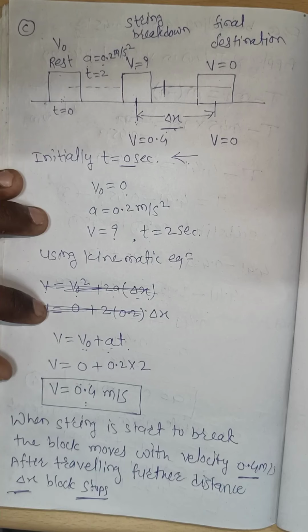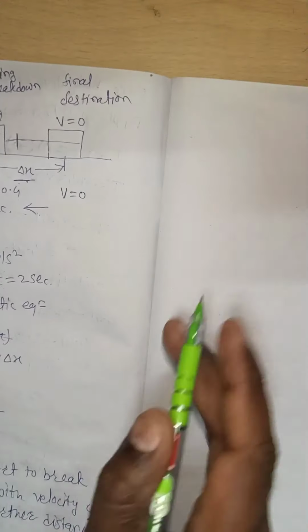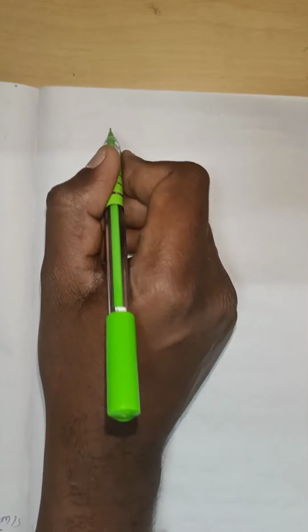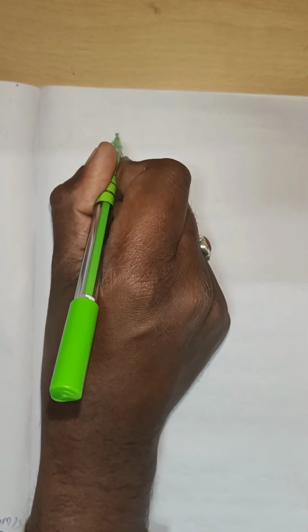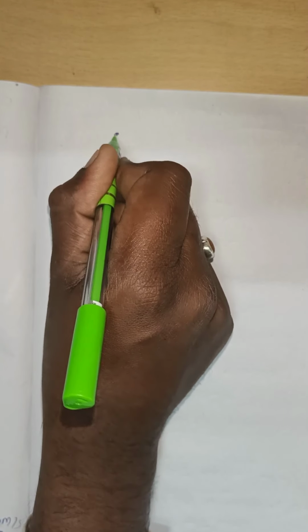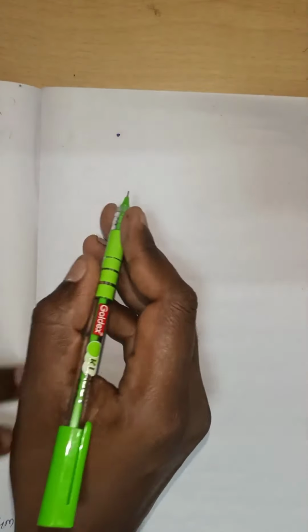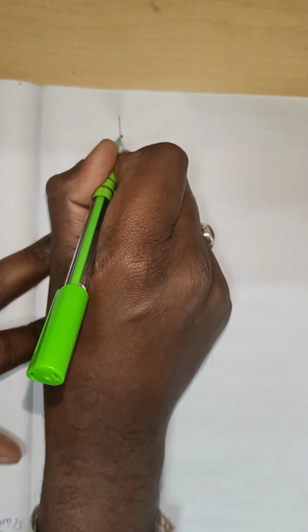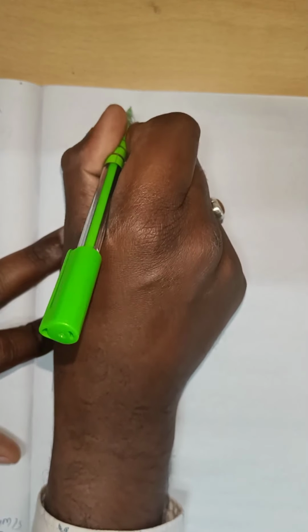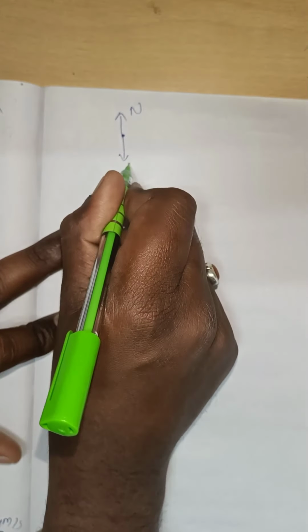Therefore, draw a free body diagram of that block. The block is moving in the forward direction, but on that block there is a normal reaction force and a gravitational force.